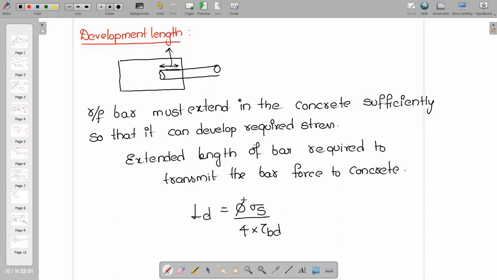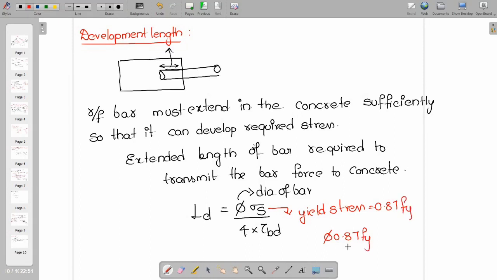Where phi is the diameter of the bar, and sigma s is the yield stress, which you can write as 0.87 Fy. So you can write phi into 0.87 Fy by 4 tau bd.